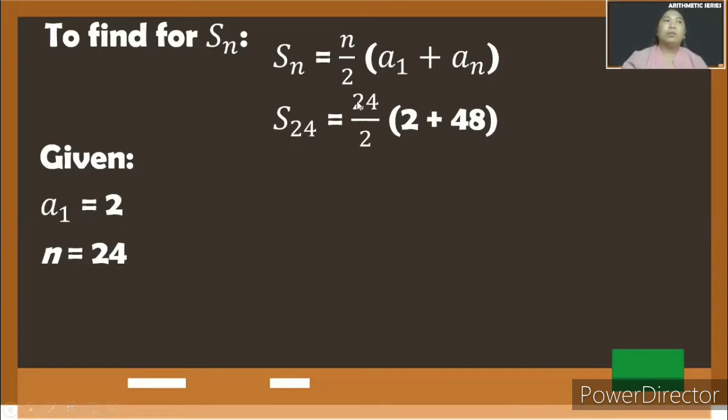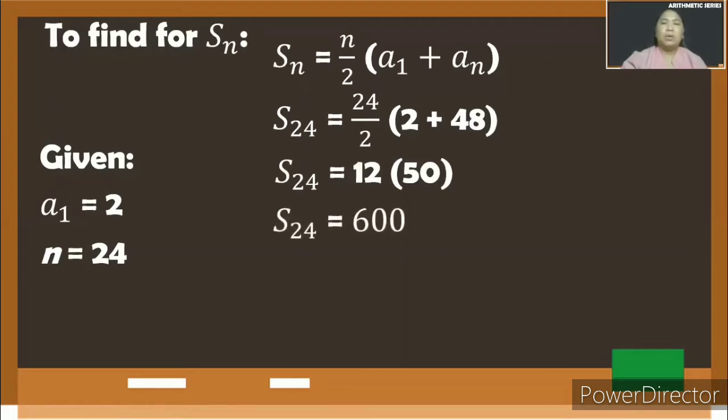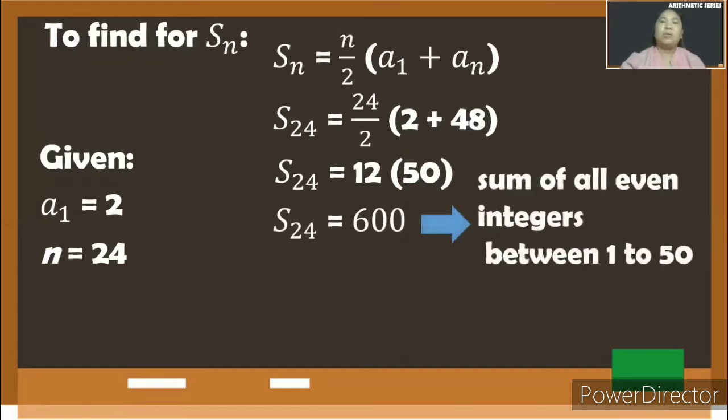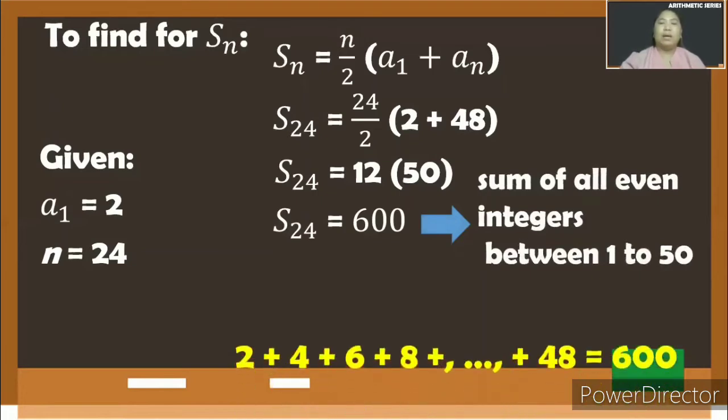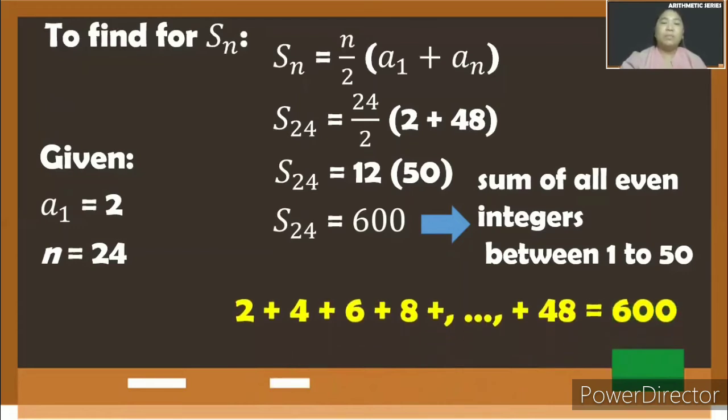We have 24 over 2 multiplied by 2 plus 48. So the sum of the 24 terms is equal to 12 times 50, which is equal to 600. So this is now our answer. This is the sum of all even integers between 1 to 50. What do we mean by that? We can have 2 plus 4 plus 6 plus 8 plus up to 48 is equal to 600. So that's it.